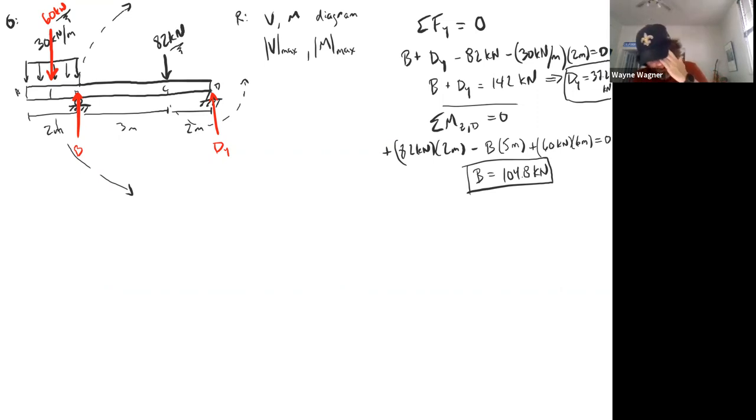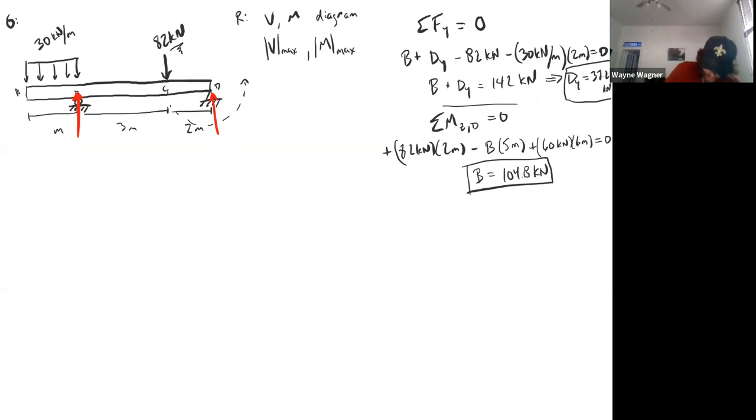Okay, so now we got these two forces, and we're going to work on this one for a little bit today. First, I'm going to erase all of these because these no longer help. This number right here no longer helps. That 60 no longer helps, because we don't actually have 60. We actually have 30 kilonewtons per meter. But this B and this dy, I'm going to replace them with their actual forces because I think that's going to be helpful.